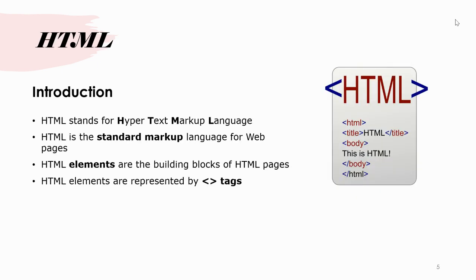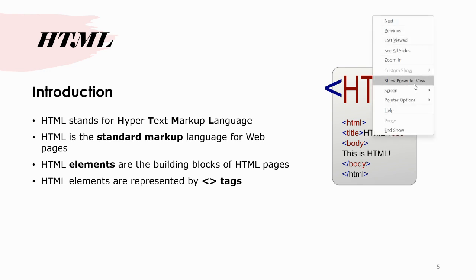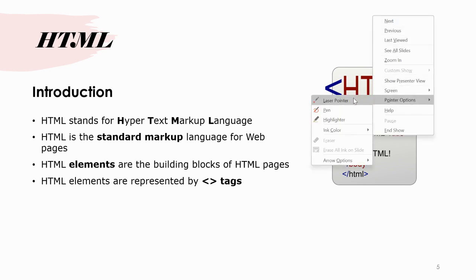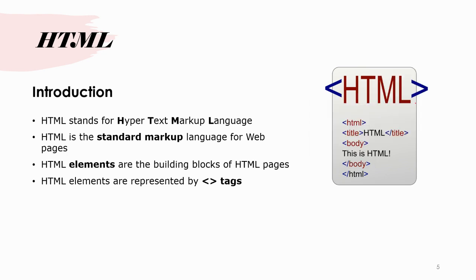So HTML stands for Hypertext Markup Language, and it is actually the primary language for the web. That's why it's a standard markup language. And the elements are the building blocks of HTML pages. So if you look at this one, you will see these are called the elements. The whole thing here is called the element, right?